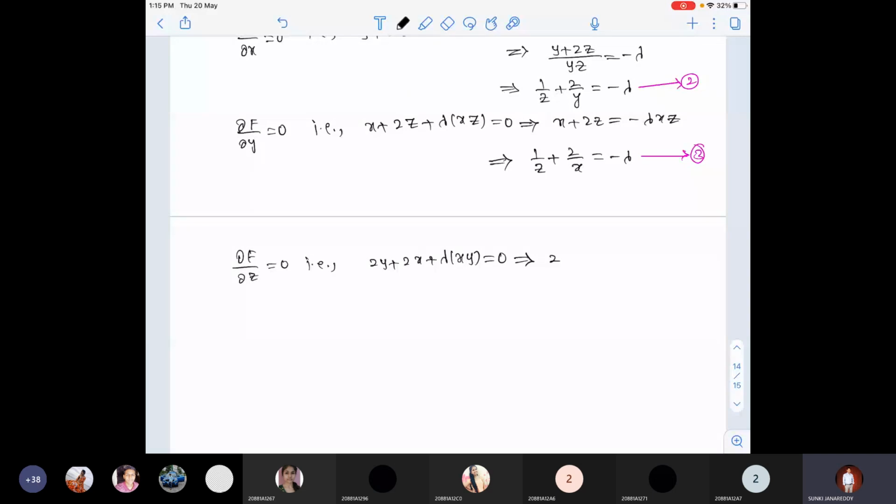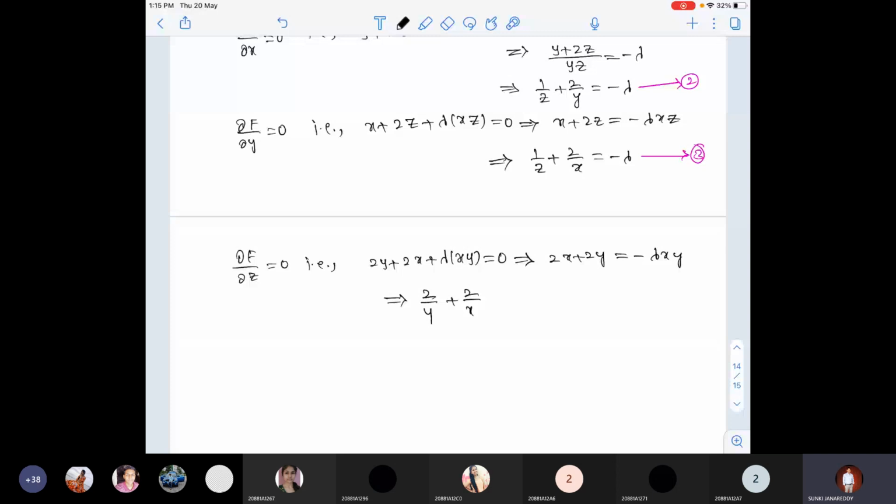Now at last you can get like this. That implies 2 by x plus 2 by y is equal to minus lambda. You can observe, Nana, these three equations.